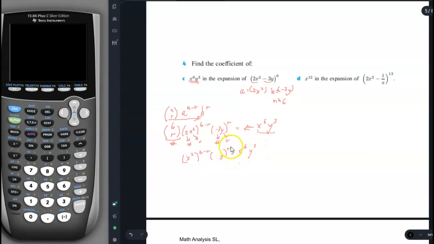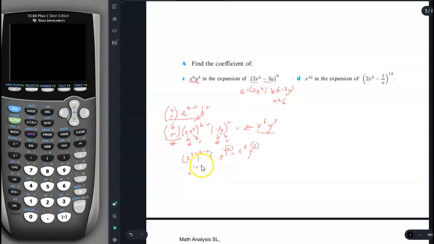Because if r was 3, this would match perfectly, and the y's would both be y cubed. And for x squared, if r was 3, 6 minus 3 is 3, x squared to the 3rd is x to the 6th, right?